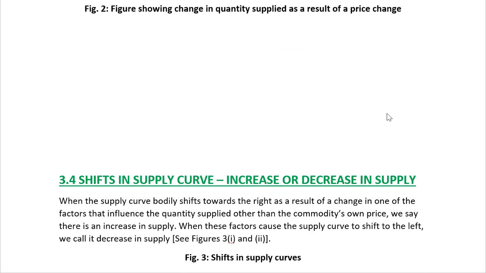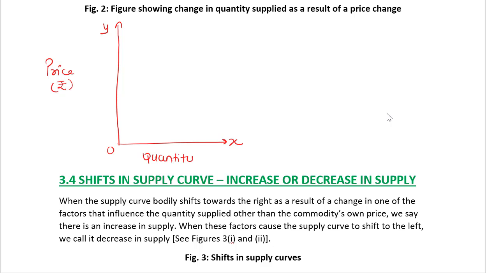Just see this diagram. X, origin, Y. Over here on the y-axis we are plotting price. On the x-axis we are plotting quantity, that is in units. We are showing increase in supply. So when the price is 10 rupees, the quantity supplied is 100.